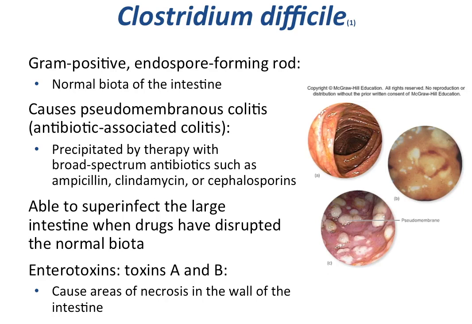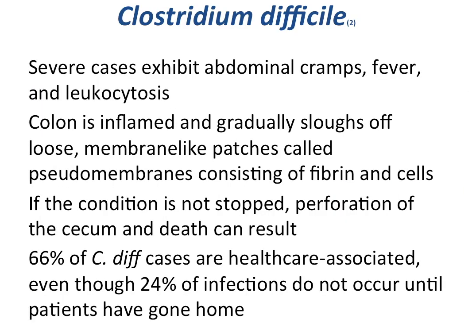That's because this bacteria can secrete two toxins, toxin A and toxin B, okay? So both toxins can cause necrosis of the intestinal epithelium. So it can cause abdominal pain, fever, leukocytosis.